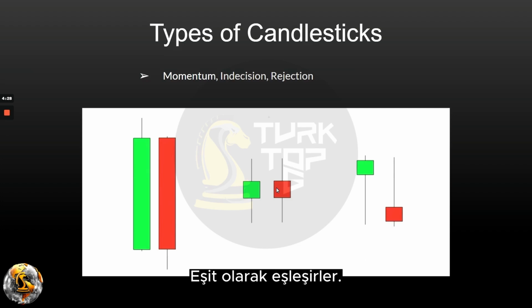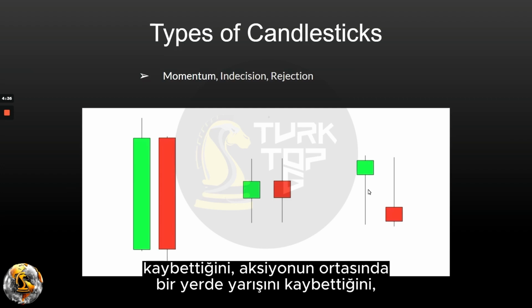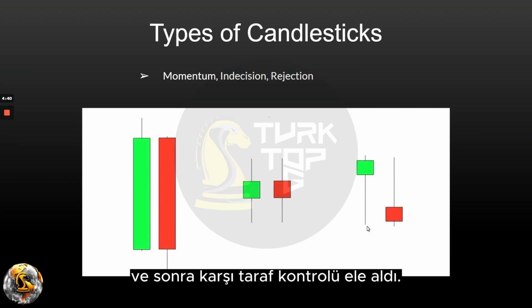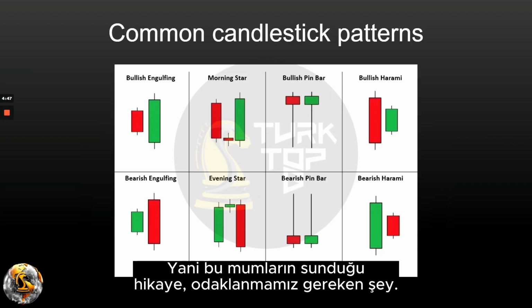Right now they are equally matched. The third one is saying that at one point, one side was in control, but it lost its way somewhere in the middle of the action, and then the other side took control. So the story these candles present is what we need to focus on.